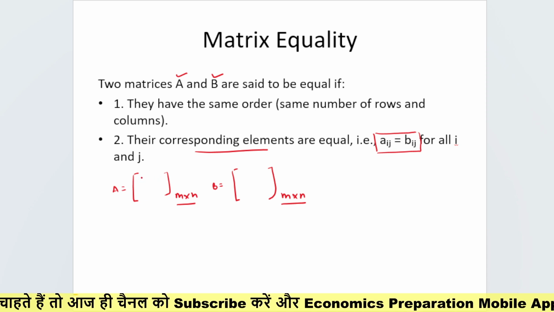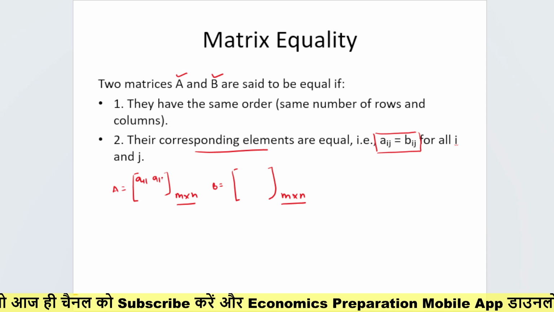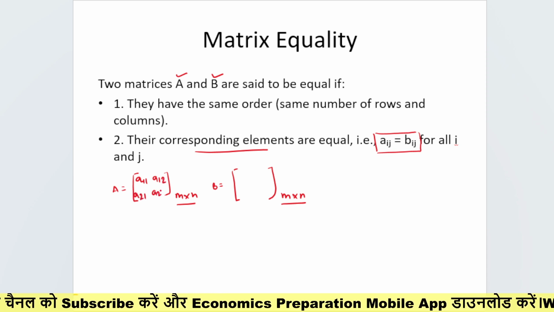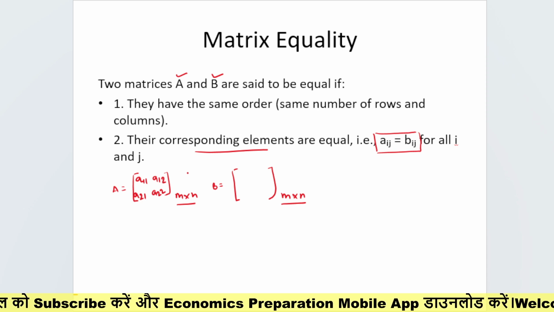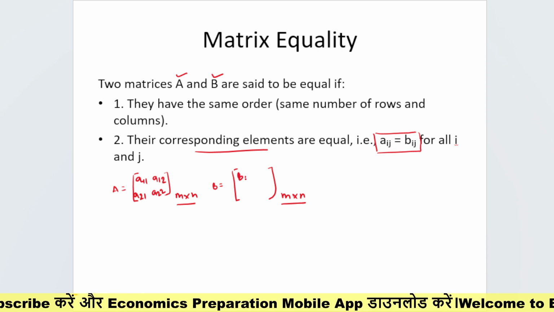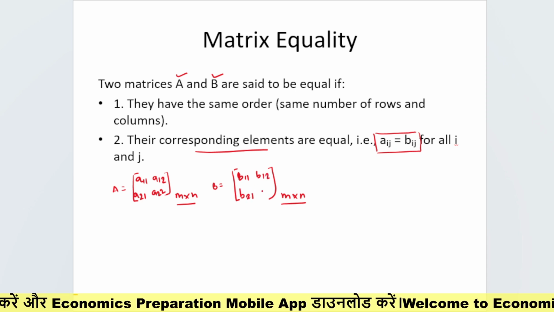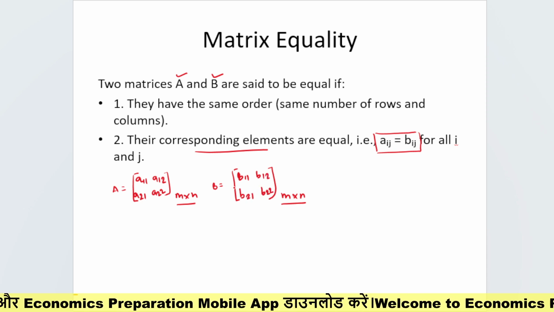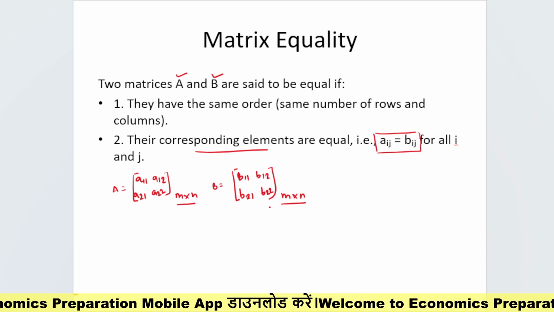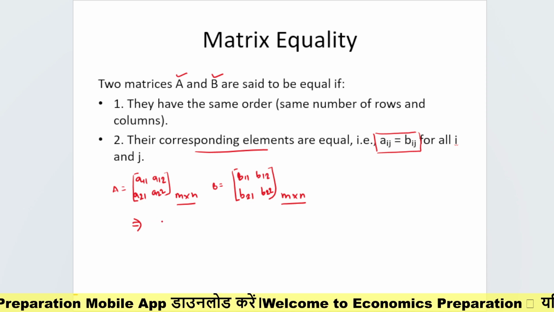Now let us say, suppose I have written here A11, A12, A21, A22, and here I have written B11, B12, B21, B22. Then in this scenario, since both matrices are of same order, we can write it like that.